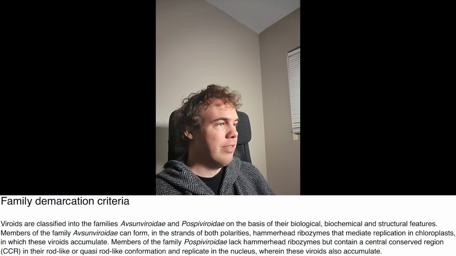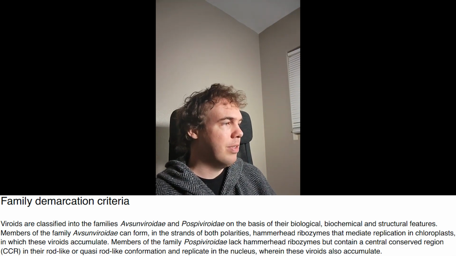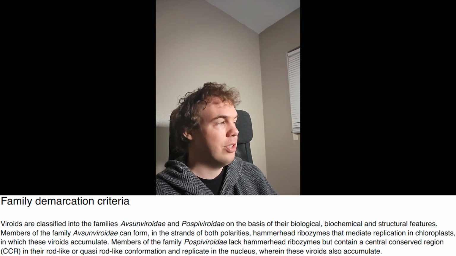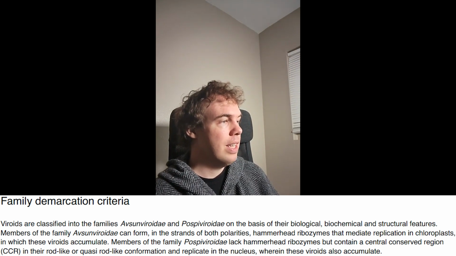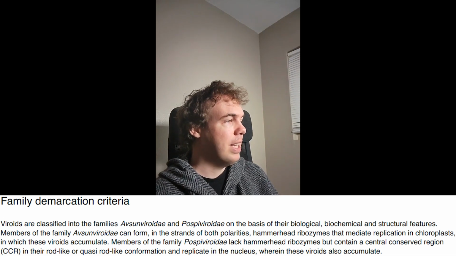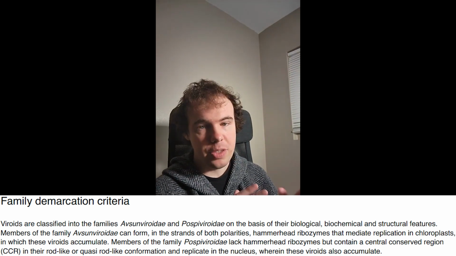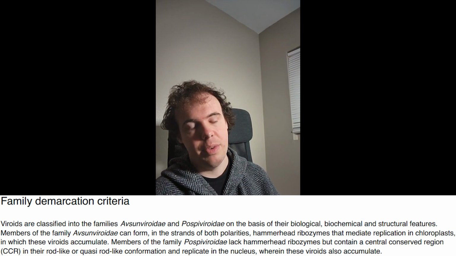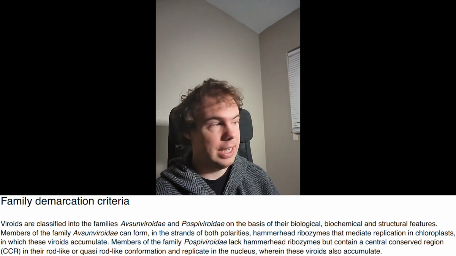Viroids are classified into two families, the Avsunviroidae and the Pospiviroidae, on the basis of their biological, biochemical, and structural features. Members of the family Avsunviroidae can form in the strands of both polarities the hammerhead ribozymes that mediate replication in chloroplasts in which these viroids accumulate. So that entire family, all of those viroids, they colonize the chloroplasts of the plant.